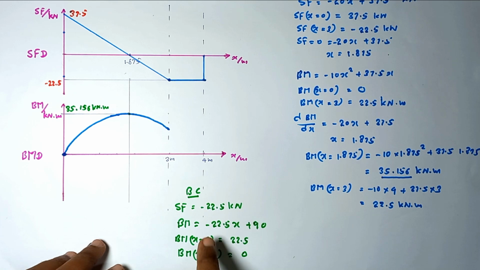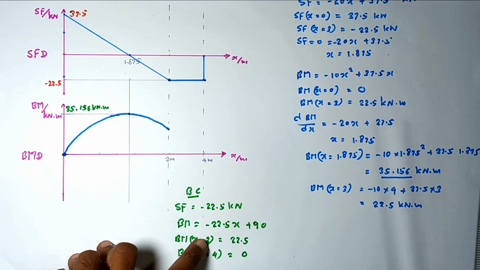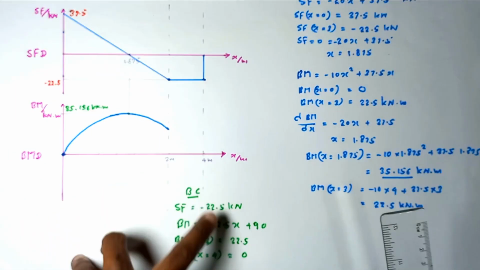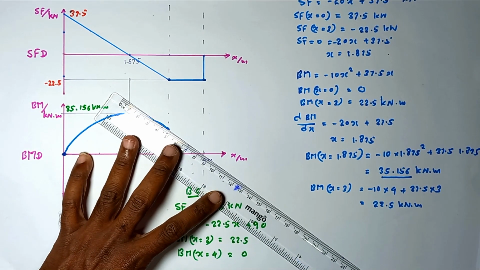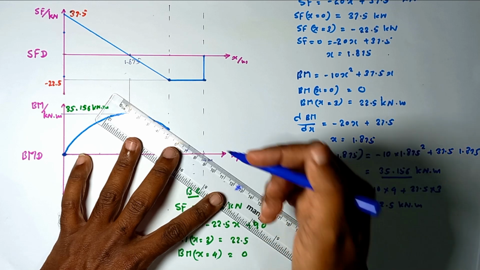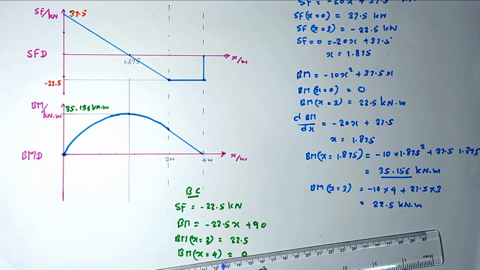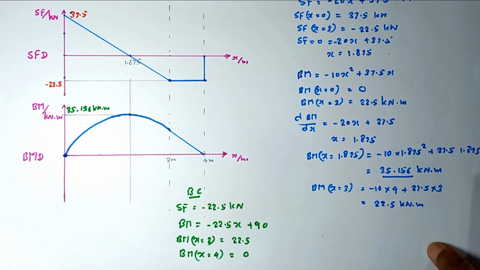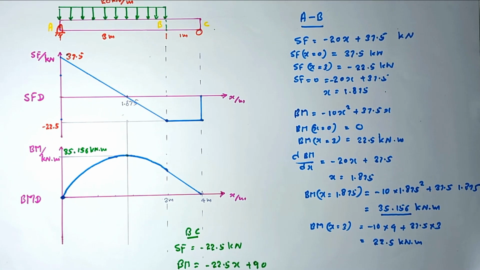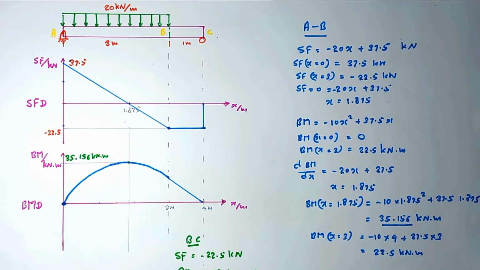Here is a linear equation having the negative gradient, so that we can easily draw this curve by joining the 2 points. 3 is same as this point coinciding, so then it goes to 0. This is the bending moment curve. Okay, this is how we are drawing the shear force and bending moment diagram for this kind of beam example. Okay, thank you for all.